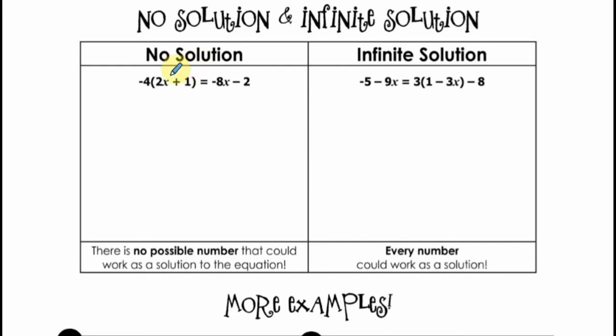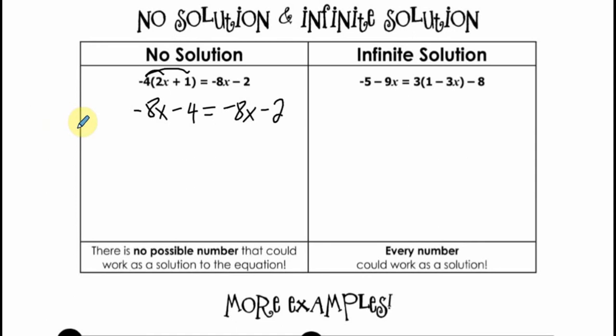My first step's always get rid of parentheses, grouping symbols, so I have to distribute. -4 times 2x, -4 times 1. So -4 times 2x, we get -8x. -4 times 1, I get -4. Equals, nothing to do on the right side, -8x minus 2.